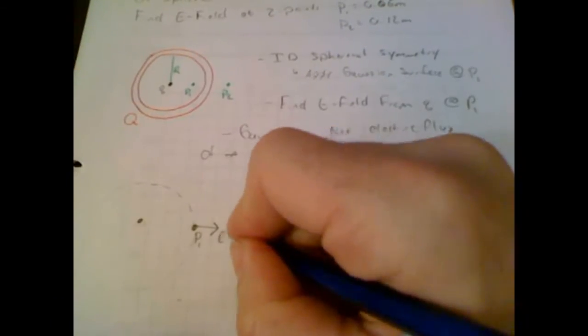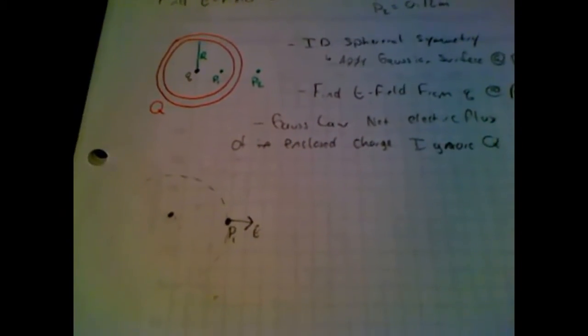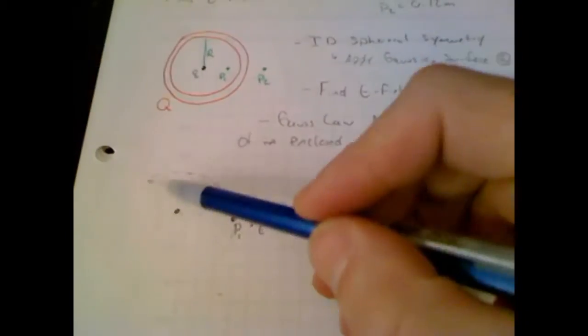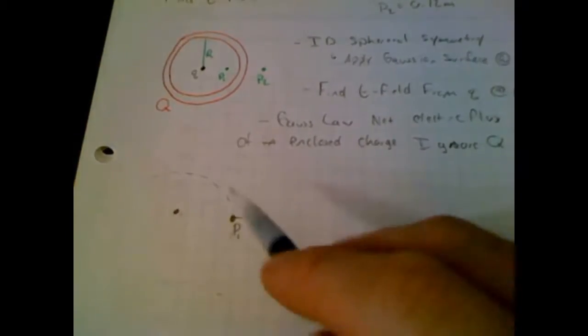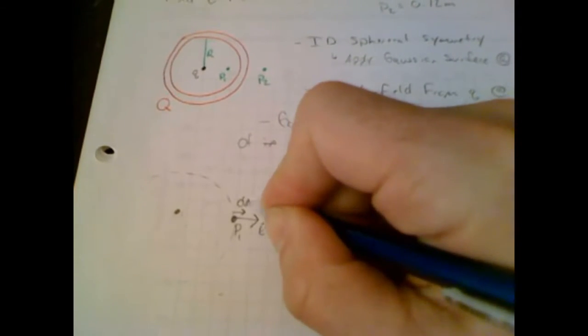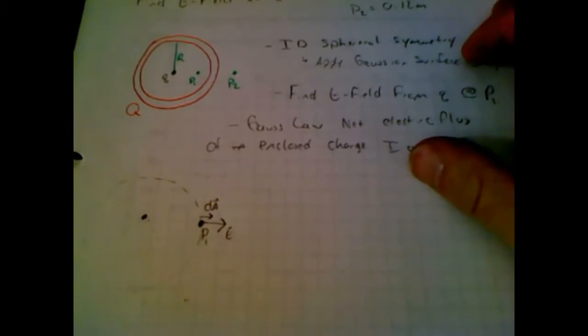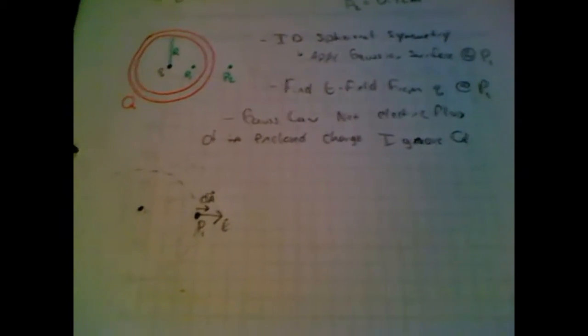That's a positive charge, so I've got an electric flux going in that direction. And remember, it's actually a shell, a sphere. So I'm going to put a little dA because I have vector dA that's coming out of that as well.